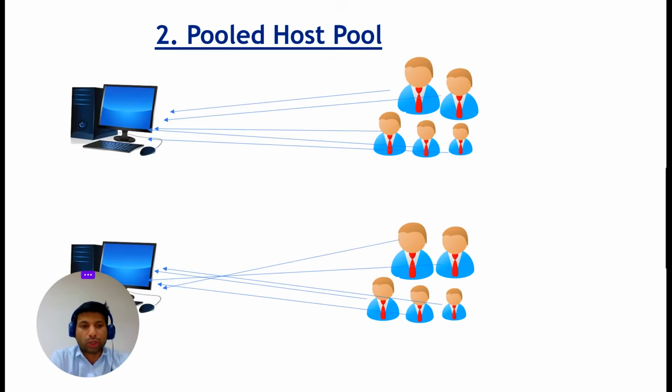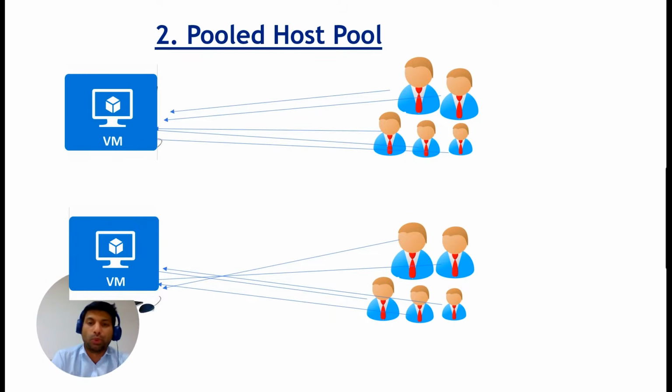The other type of host pool is nothing but pooled host pool. As you can see, multiple users are logging into a single virtual machine. A multi-session operating system such as Windows Server, Windows 10 multi-session, or Windows 11 multi-session is installed on these virtual machines, and user logins, new connections are distributed across the session hosts.